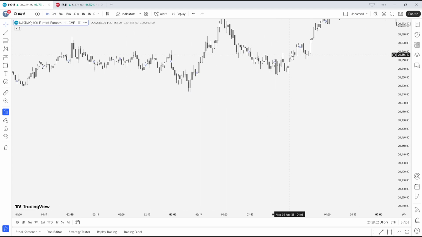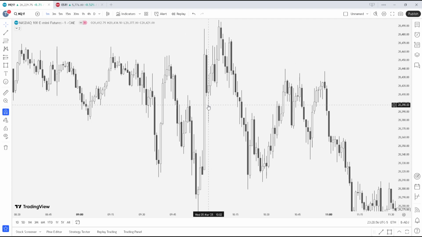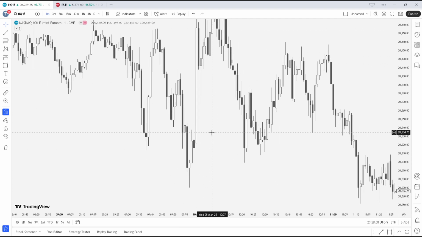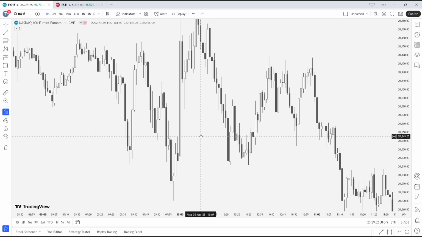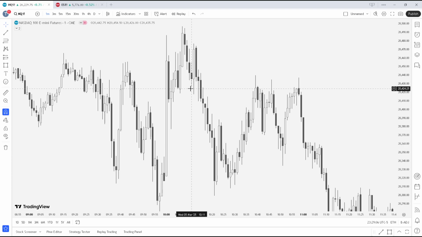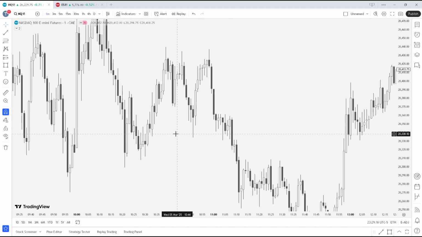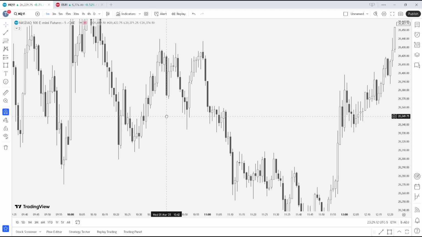And let me see. So let's go to Wednesday, see if there were any good unicorn setups. Let's see here. I don't see any unicorn setups that were particularly good.